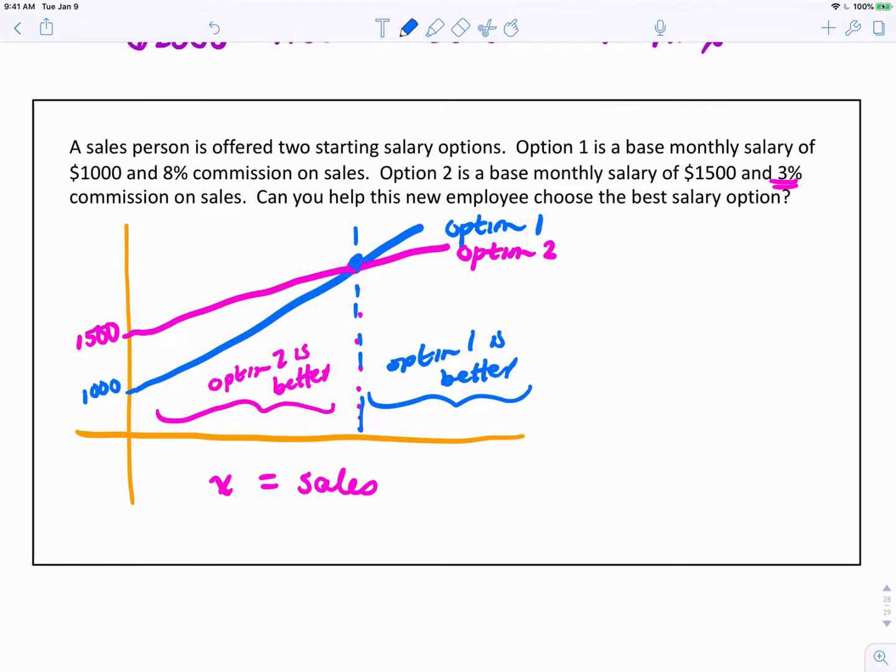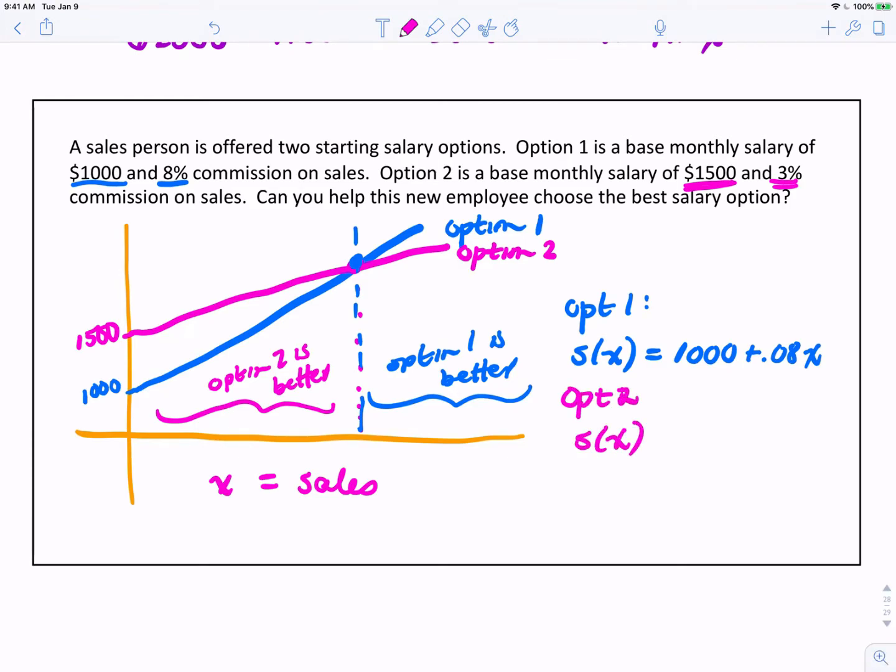So let's go with option 1. Option 1, your salary based on sales is 1,000 plus 8%. That's 1,000 plus 0.08x. For option 2, your salary is 1,500 plus 3%.